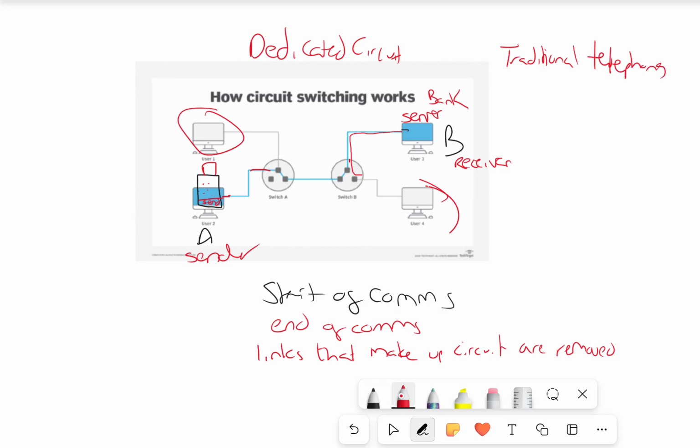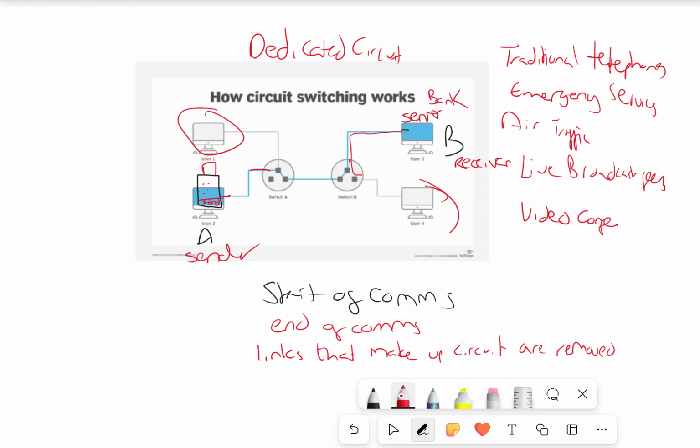You would also have emergency services communication, air traffic control, military, live broadcast feeds for TV, video conferencing, which is a big one.